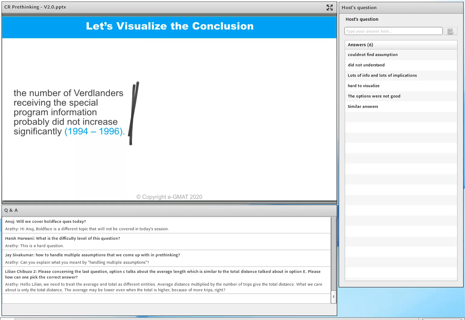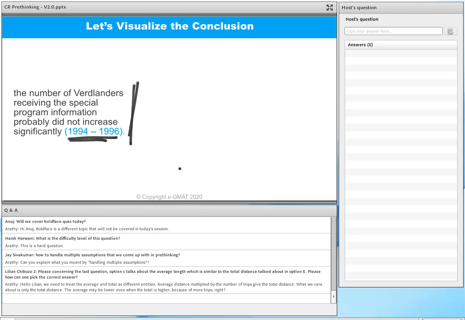The conclusion says the number of Erlanders receiving special program information did not increase significantly between 94 and 96. Okay. So let's visualize this. Can someone visualize this for me? What is this conclusion saying? Does it, let's say, stay the same?